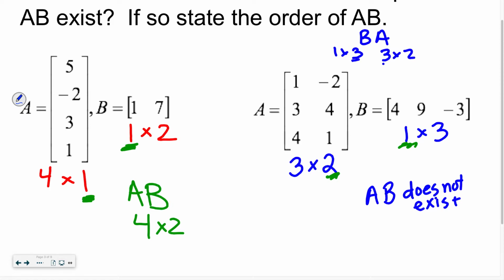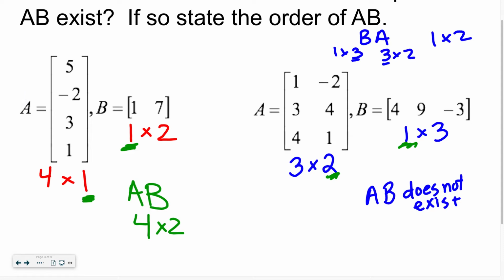And then the columns of the first match the rows of the second. I can multiply them. The answer dimension or order would be 1 by 2. So that means that if I multiply these two matrices together, my answer is going to be one row with 2 columns. There's just going to be 2 entries in my answer.